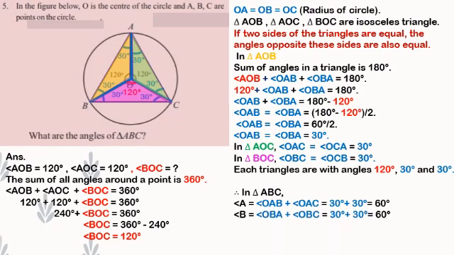And angle B equals angle OBA plus angle OBC equals 30 degrees plus 30 degrees, that is also 60 degrees. And angle C equals angle OCA plus angle OCB equals 30 degrees plus 30 degrees, that is also 60 degrees. So we can write angle A equals angle B equals angle C equals 60 degrees.